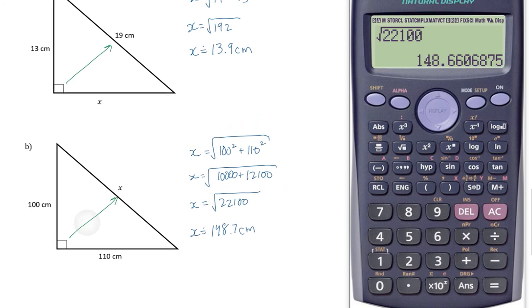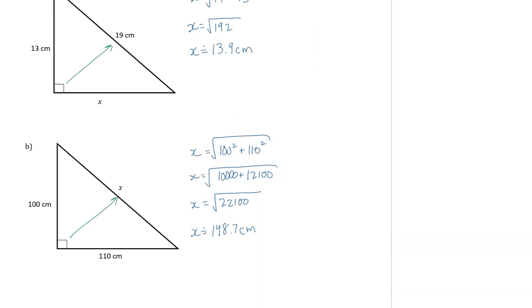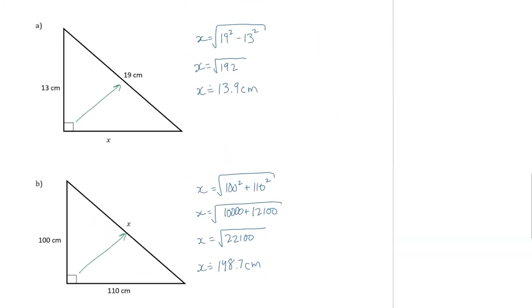Okay, so hopefully that helps, now that you've seen a few examples. What you really want to notice is if you're looking for a smaller side, you have to think about which one is the longest side across. Notice how I always am writing these arrows. I think that's a really good thing to do. So figure out what the longest side is. If you're looking for a smaller side, you're subtracting.